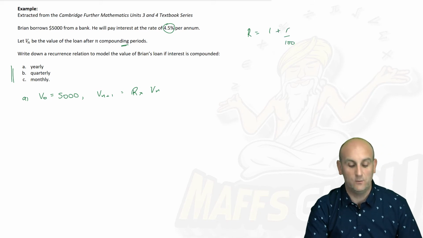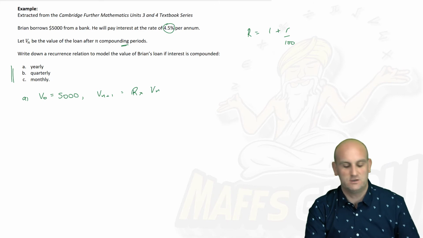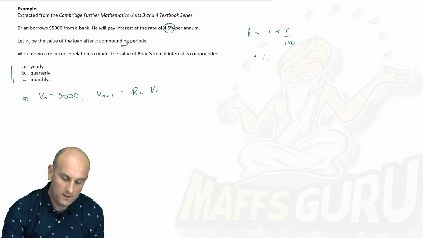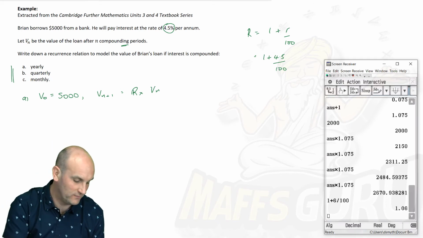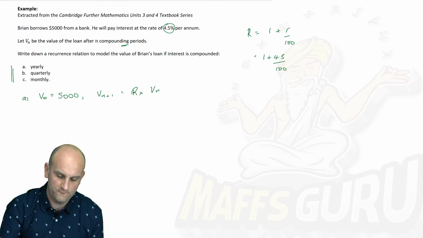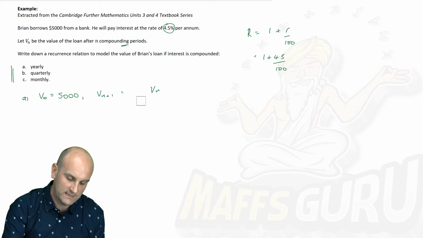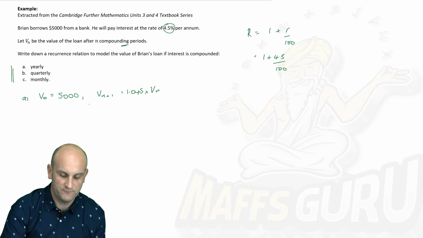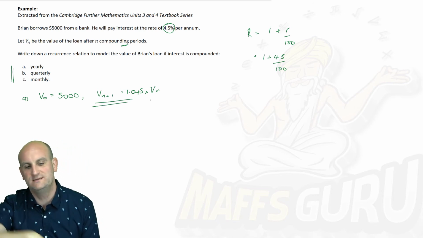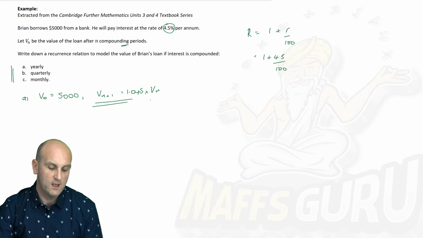Now, because we're dealing with yearly, my yearly interest rate is 4.5. So 1 plus 4.5 divided by 100 gives me 1.045. And so I'm going to replace that R with 1.045 times V of n. And I'm done for my yearly.